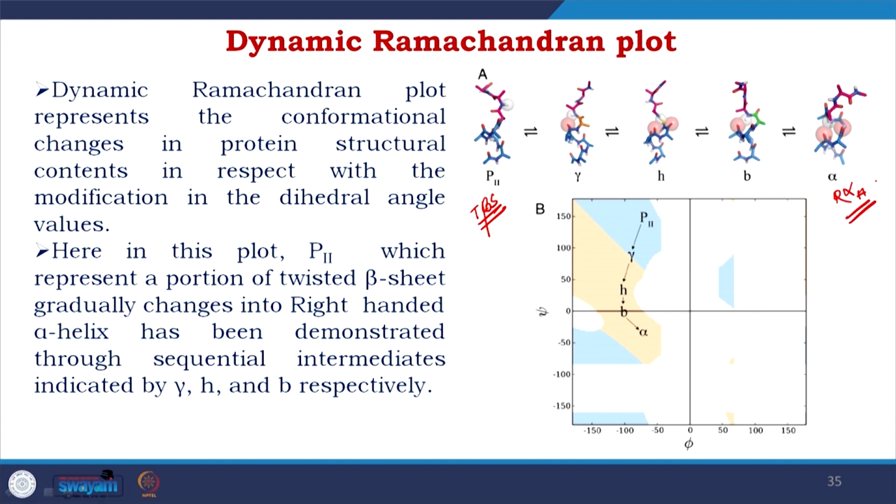This journey is reflected by points starting from this P2, coming to this gamma state, then this H state, then this B state, and ultimately the right-handed alpha helix.